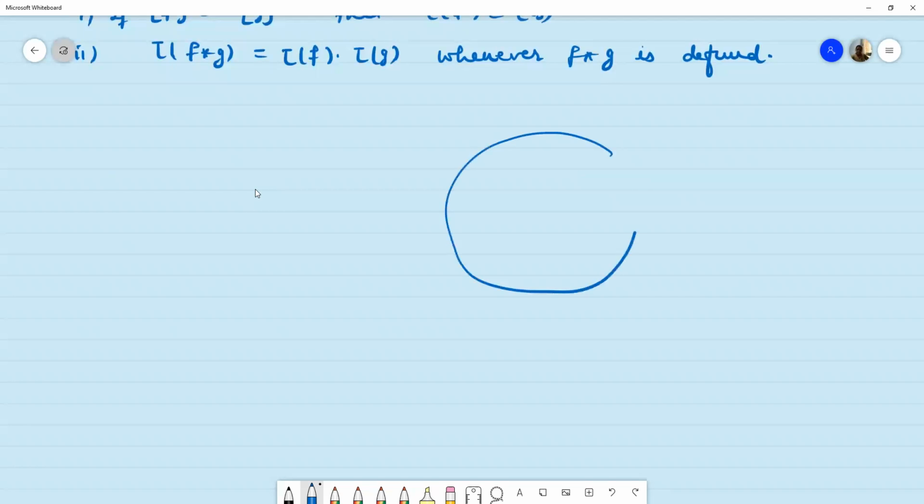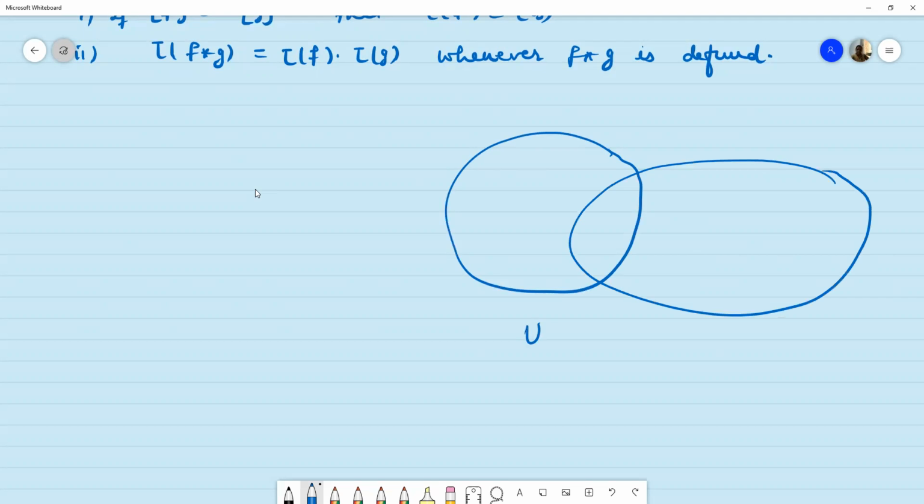Let this be space U, this be space V, and suppose we have a path F from X to Y. Say this is X, this is Y. Now we have this type of path in space X. So F is a mapping from 0, 1 to X, such that F of 0 is X and F of 1 is Y.